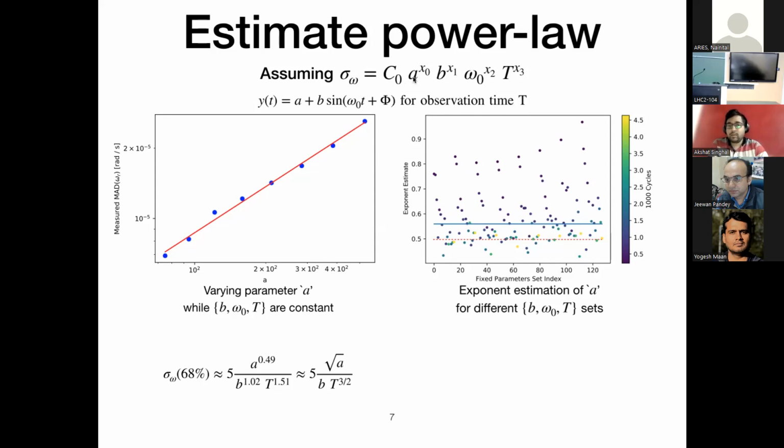So if we vary only parameter A and keep the rest constant, we expect that in a log-log plot you will see some power law-like behavior. We see this more or less straight line, and we get an exponent for one set of B, omega naught, t. When you also do this for multiple parameter sets, you get different power laws.